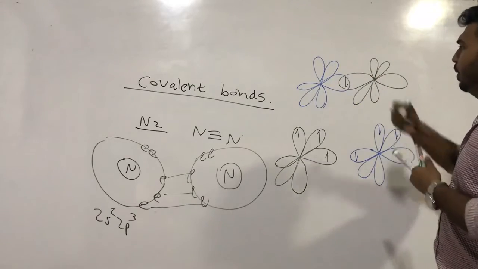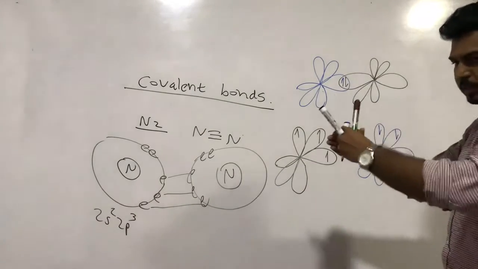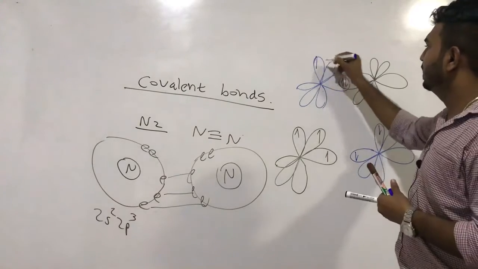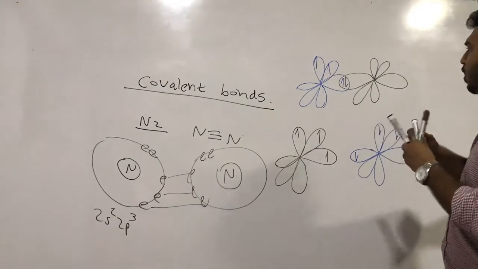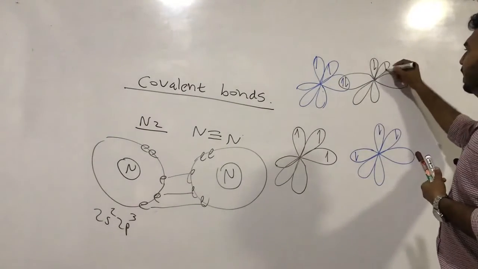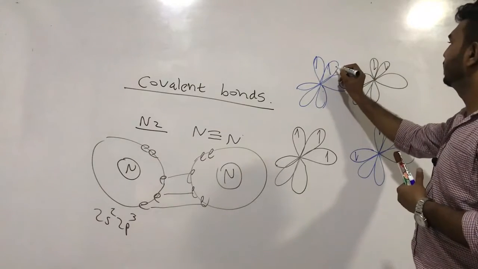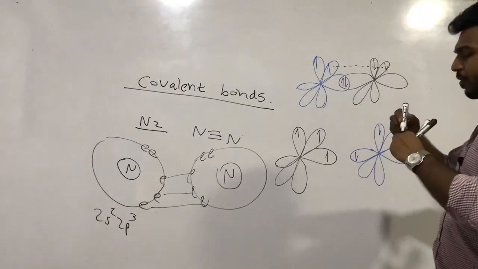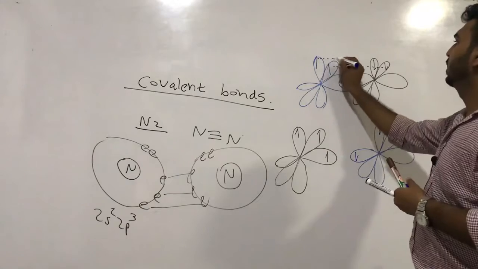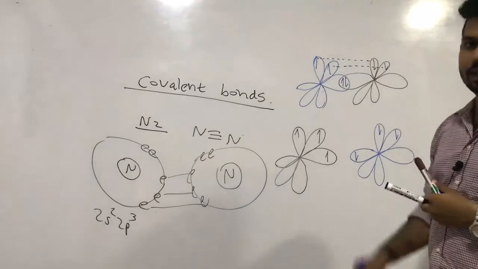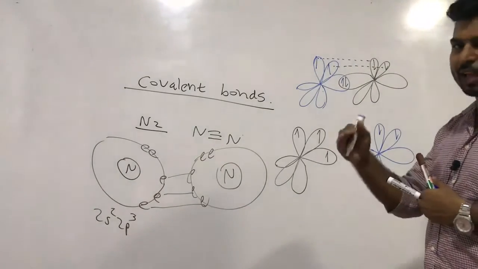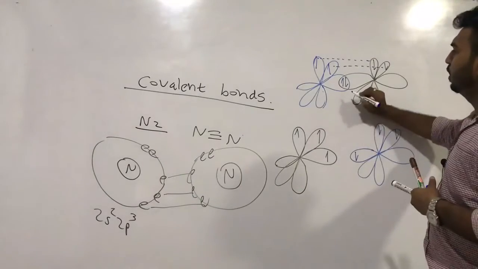These 2 electrons can be linearly overlapped and these will be laterally overlapped. I think you can remember, these will be laterally overlapped. We show these attraction forces with dashed lines.